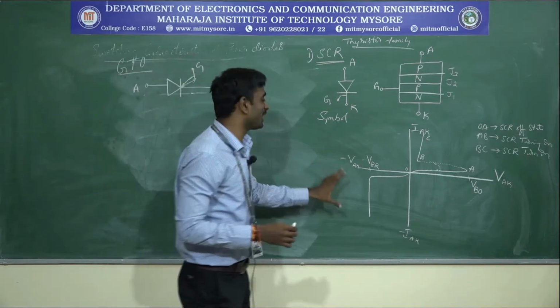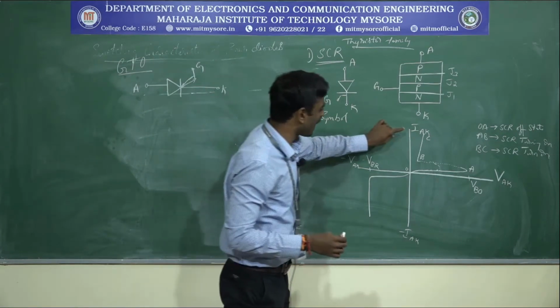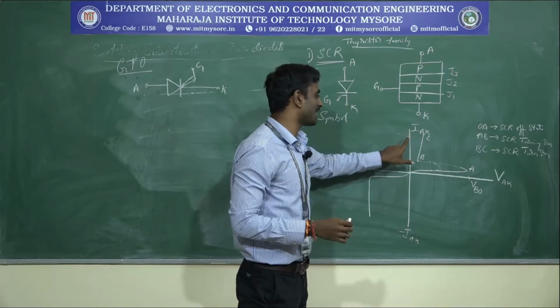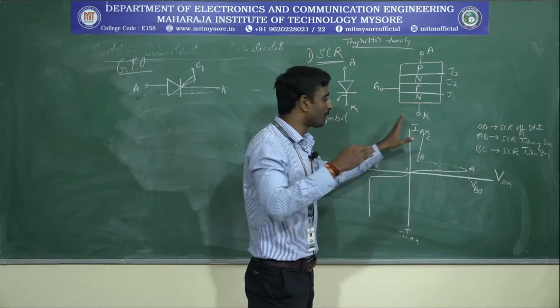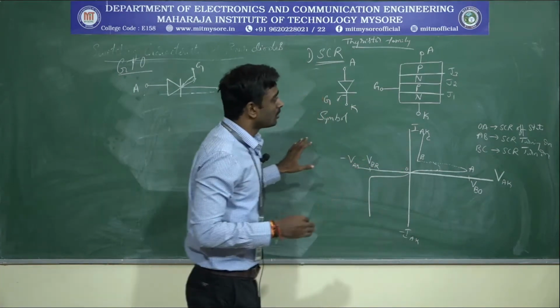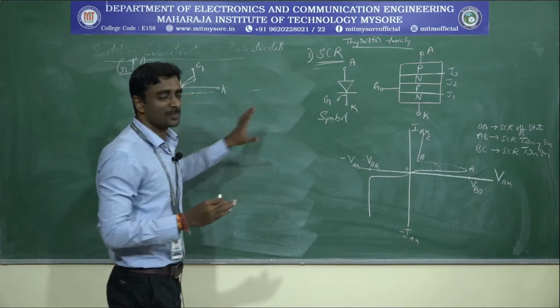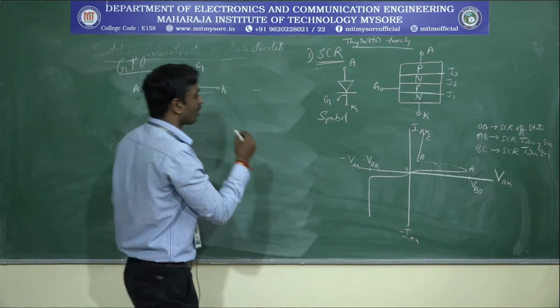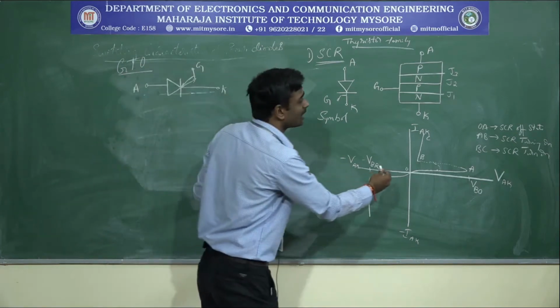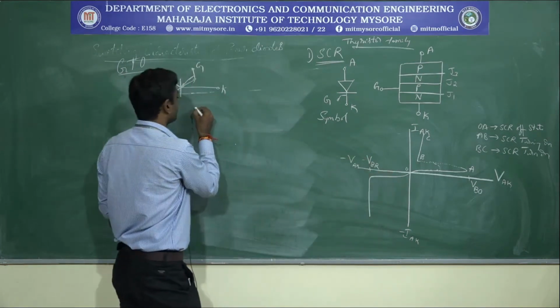In the VI characteristics also, there are two dimensions: on the x-axis you use voltage, and on the y-axis you use the current flowing from anode to cathode. The only difference between GTO and SCR is that to turn on you use a gate drive, and it can also be turned off.